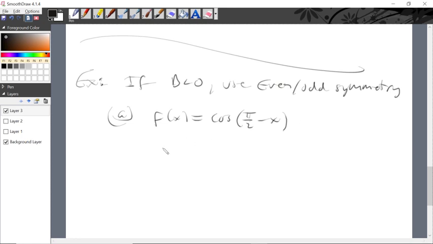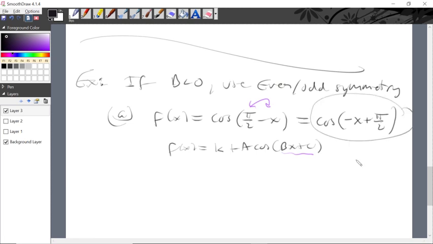Notice that if we wanted to write this in the form f of x is equal to k plus a times the cosine of bx plus c, we would have to switch the order of the terms in the argument because we're saying that the x term comes before the constant term. So if we were to rewrite this in this form, we should write it as cosine of negative x plus pi over 2.